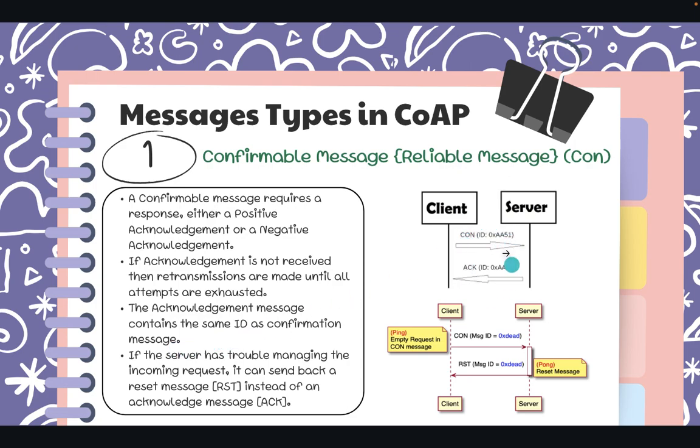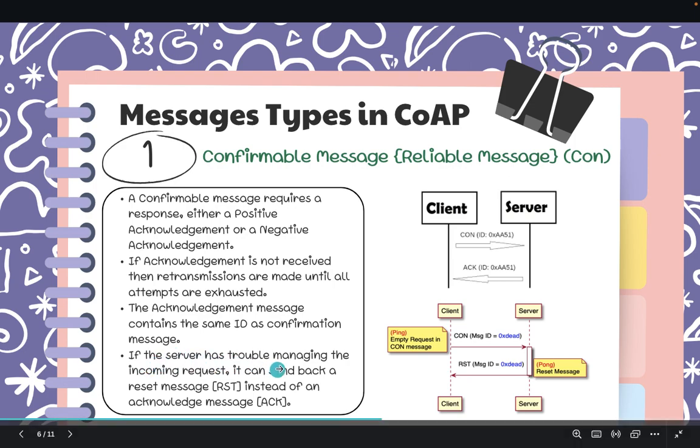Let us take this example. Here the CON, the confirmable message, has the ID 0xAA51, and the acknowledgement message also has the same ID 0xAA51. At last, if the server has trouble managing the incoming request, if it is getting some problem, it can send back a reset message instead of an acknowledgement message.